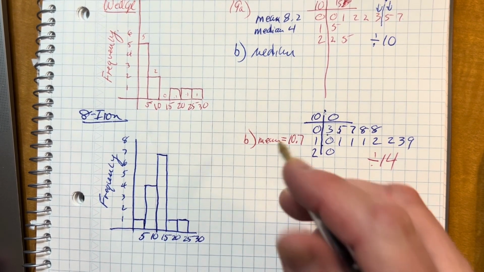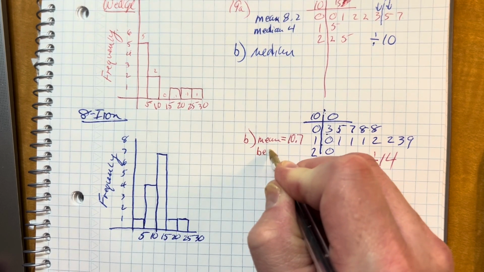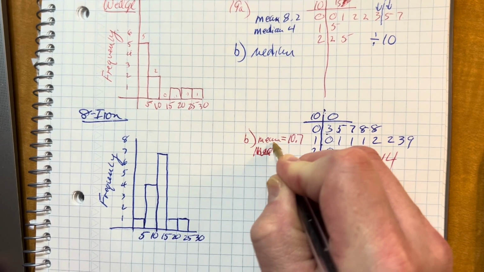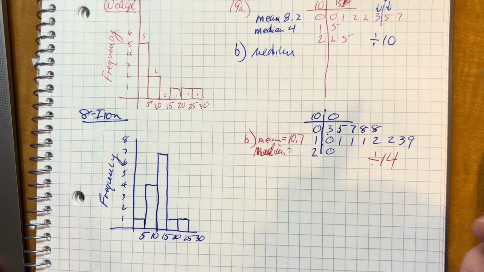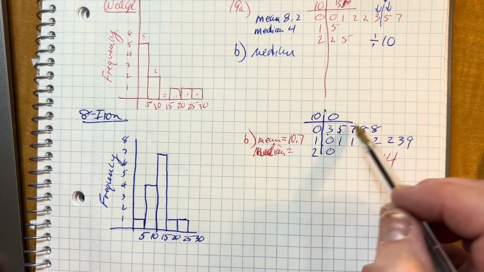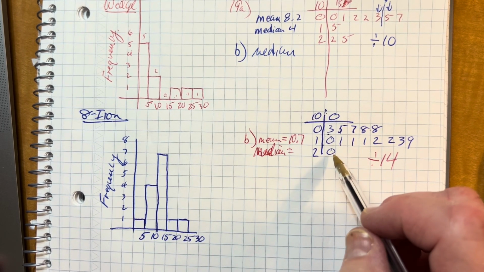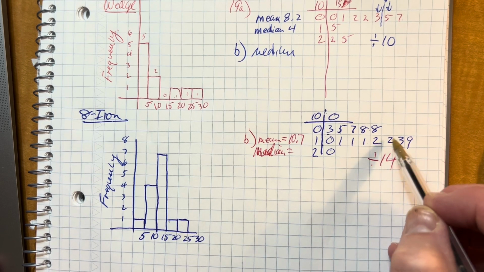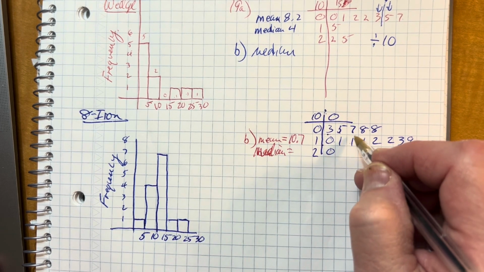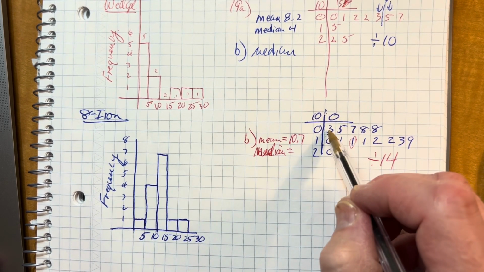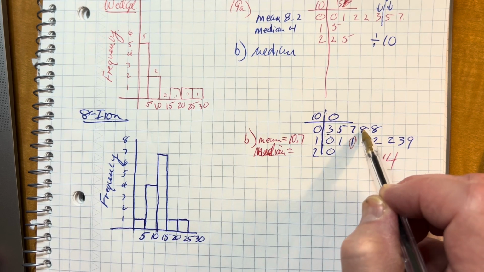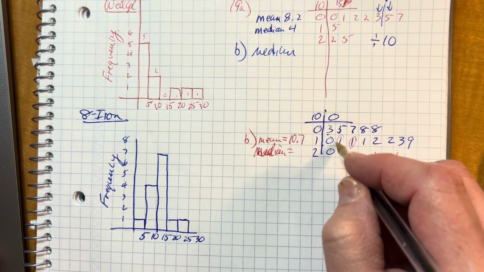Okay, let's go on to the median. M-E-D-I-A-N, the median. The median is when we count inward, and there's 14, so I count in 7. 1, 2, 3, 4, 5, 6, 7. That's this number. 1, 2, 3, 4, 5, 6, 7. That number.